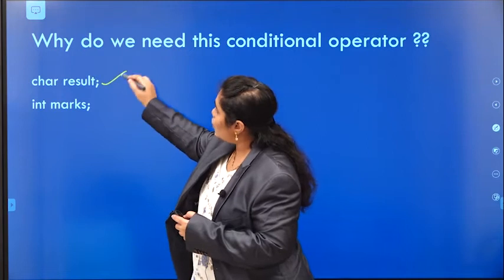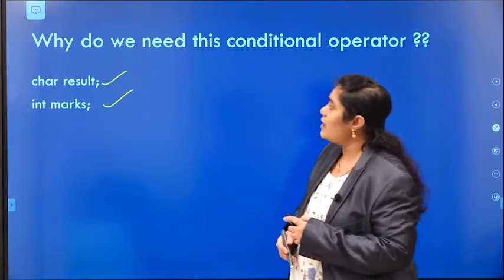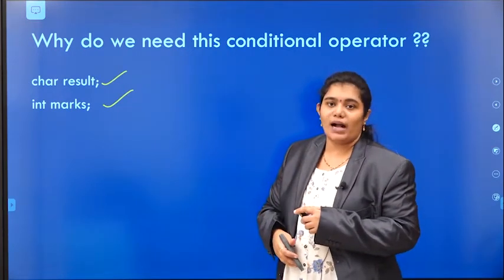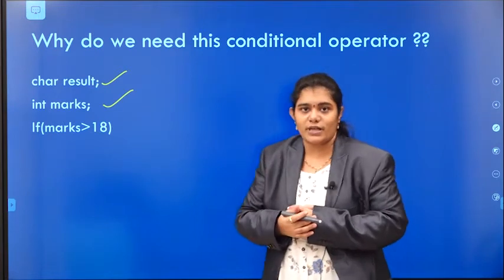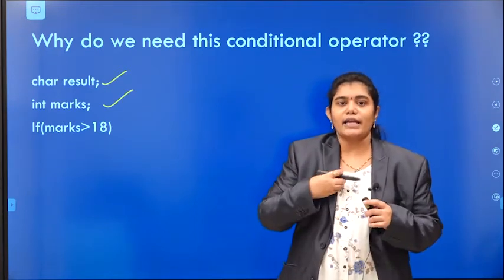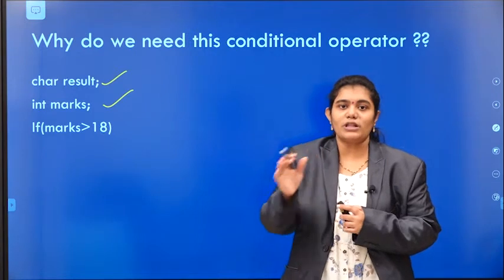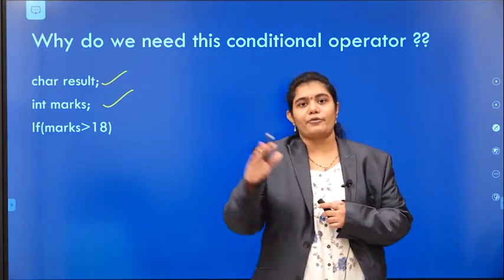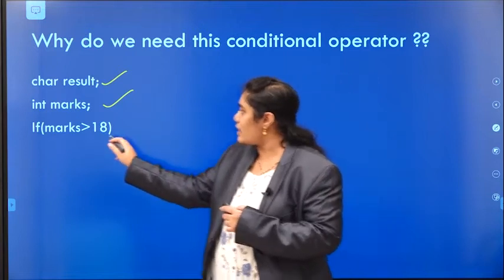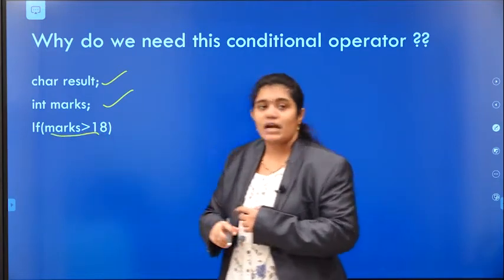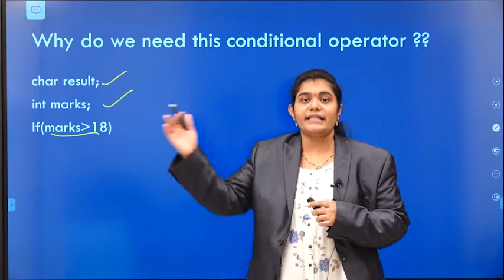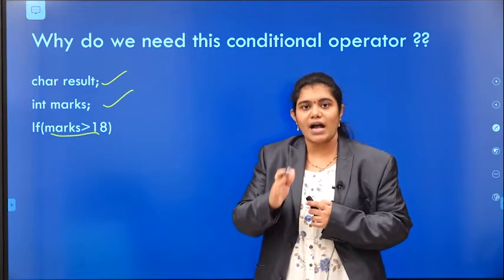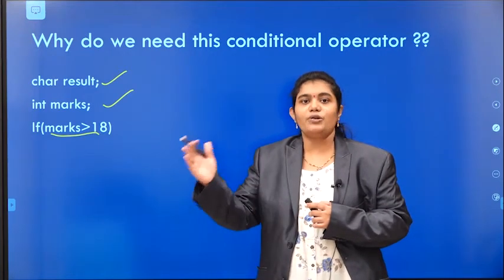Here I declared 2 variables, character result and integer marks. This program demonstrates that I enter some marks. Based upon the marks, I need to find out whether the person is pass or fail, okay. So here the condition I am considering is marks greater than 18. Is your marks greater than 18 or not?